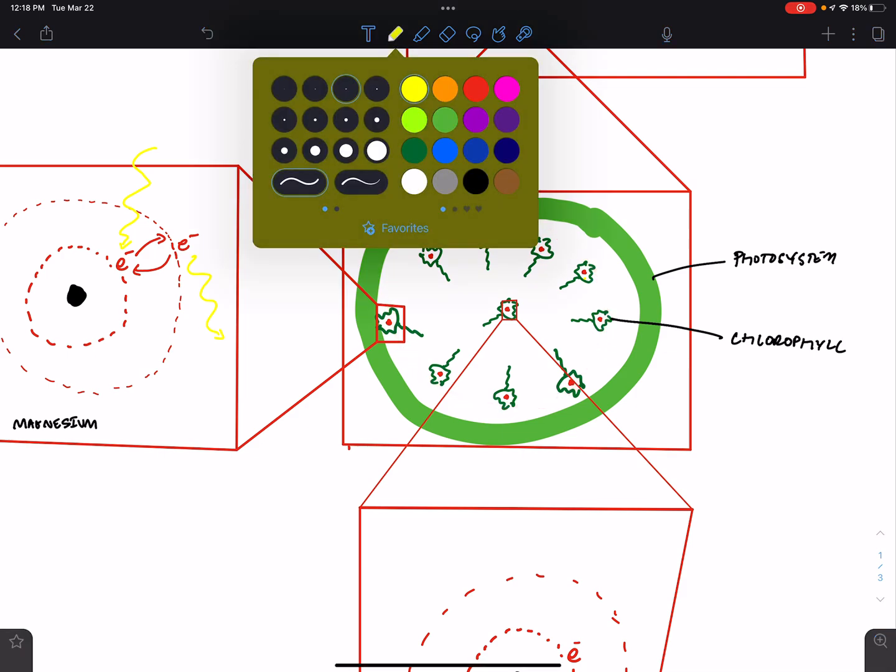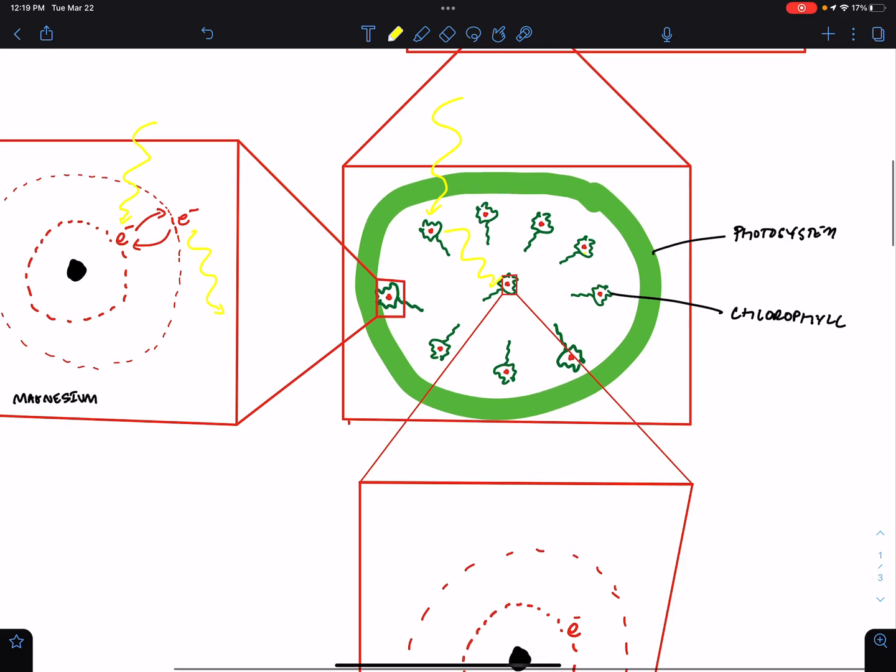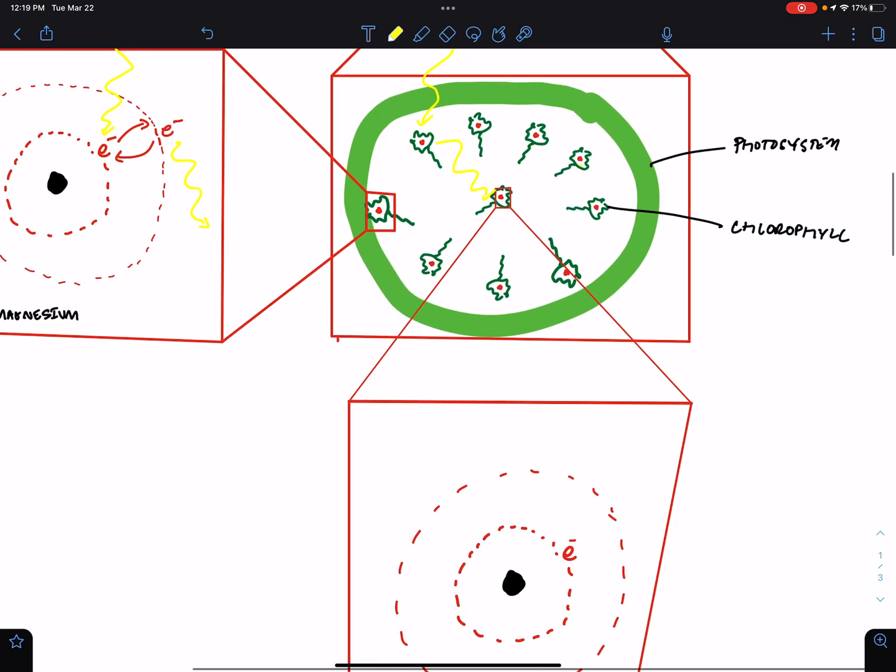They're arranged such that when some light strikes this chlorophyll, this electron in our magnesium atom is going to get excited, and then it's going to fall back down and re-emit that wavelength of light. But the way that this chlorophyll molecule is oriented is such that the light is passed on to a central chlorophyll atom or molecule.